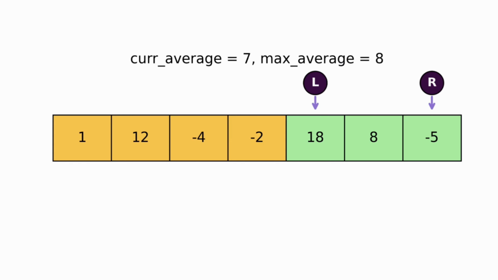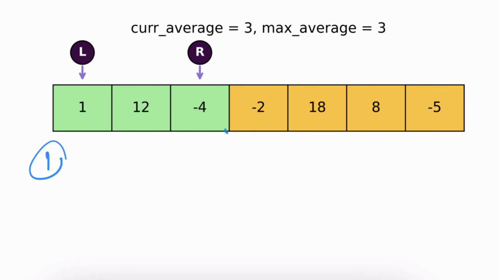Okay, so this is the overall approach here, but how we can calculate the average at each step. So for the first solution, we can find the summation of the window size each time. For the first one, we have 1 plus 12 minus 4, which is 9.